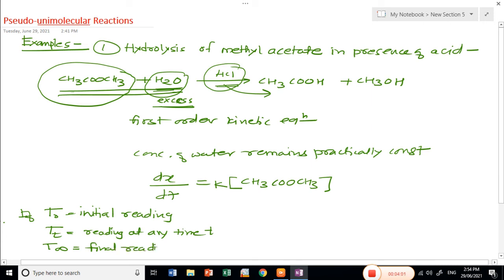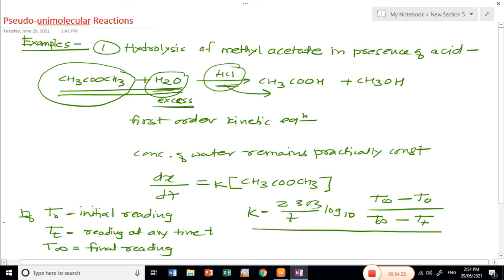Okay, so the velocity constant K is given by K is equal to 2.303 divided by t, that is time, log to the base 10, T infinity, final reading, minus T0, initial reading, divided by T infinity minus reading at any time t. So by using the formula you can easily calculate the rate of reaction.